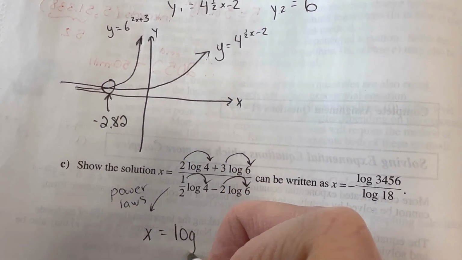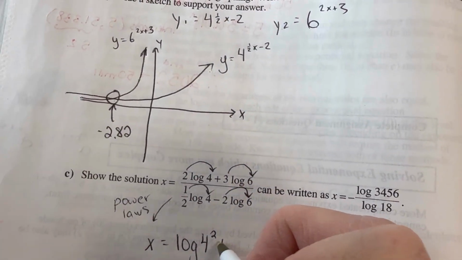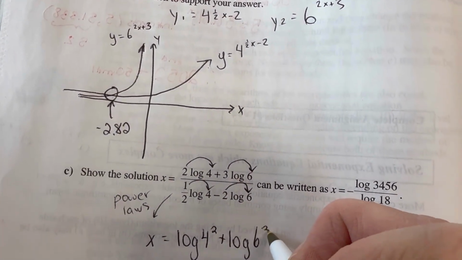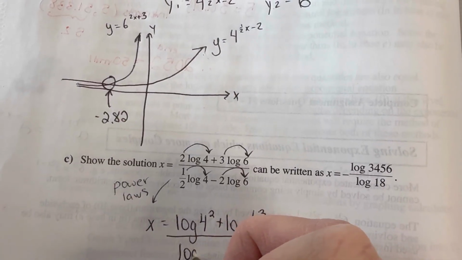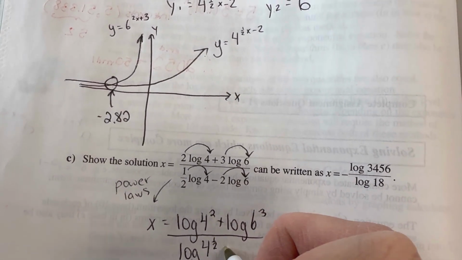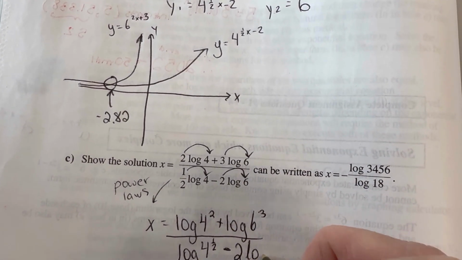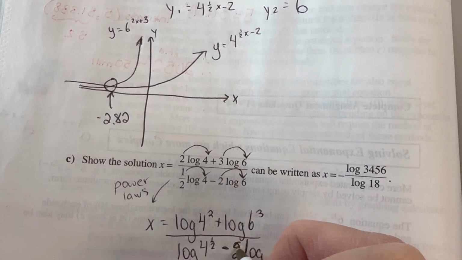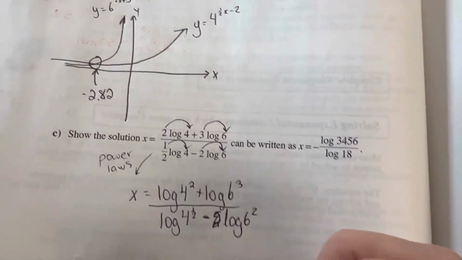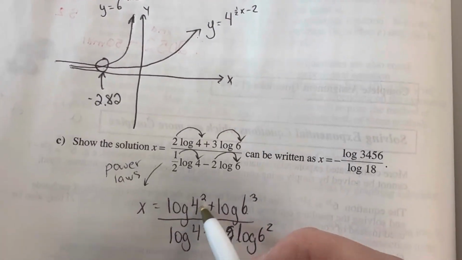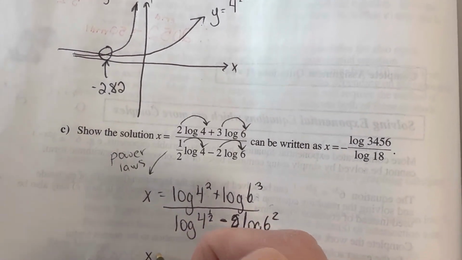So it's going to be log 4 squared plus log 6 cubed, and then log 4^(1/2) minus 2 log 6^2.